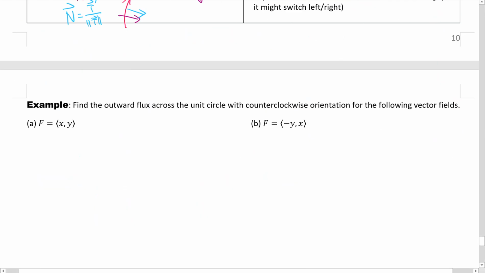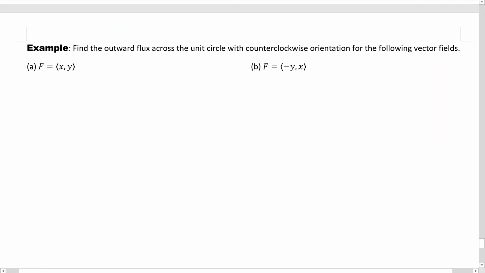Let's continue. So let's look at this example. Find the outward flux across the unit circle with counterclockwise orientation for the following vector fields. Okay, so here I want to do both. I want to calculate the circulation and the flux. Okay, so let's see.